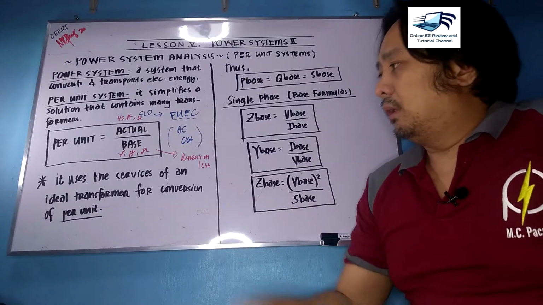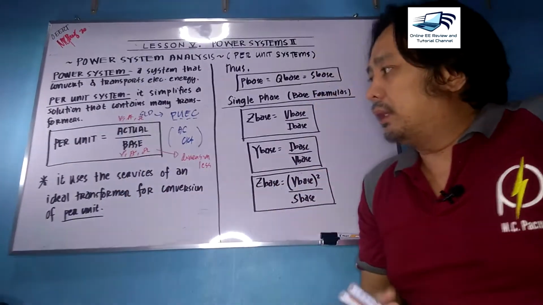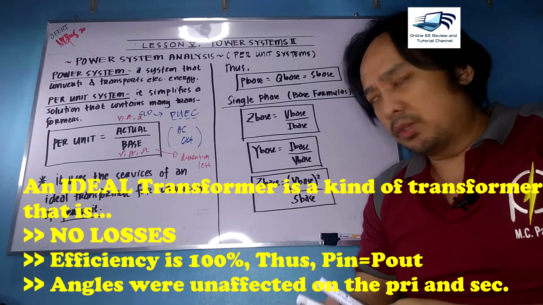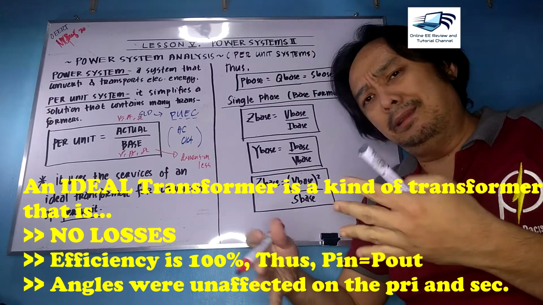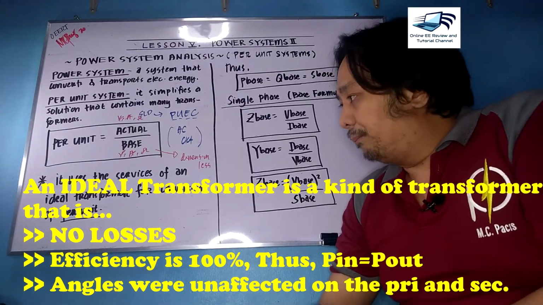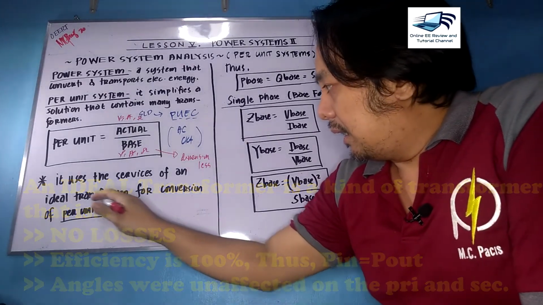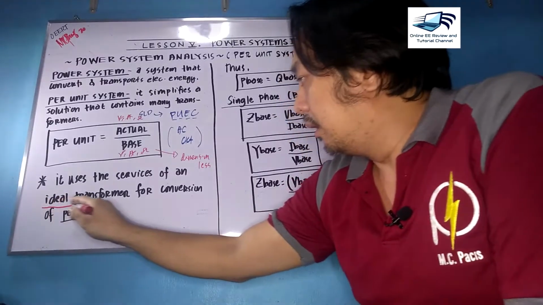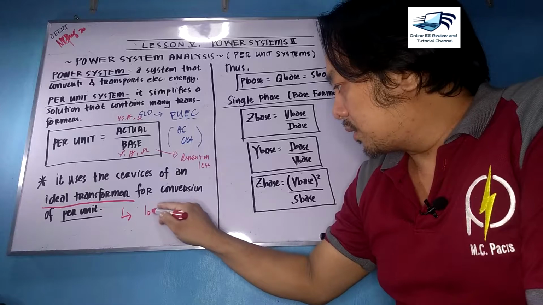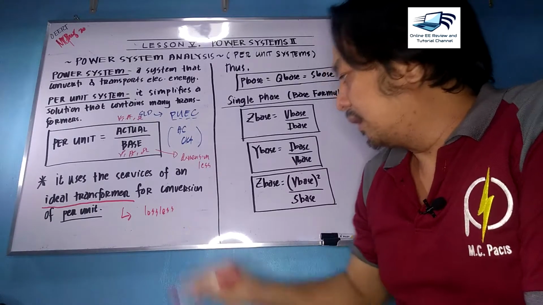Now, in order to do your per unit analysis, your transformers must be ideal transformers. We will tackle AC transformers when we go to machines; that is a separate lesson. So what is an ideal transformer? An ideal transformer is a lossless transformer.